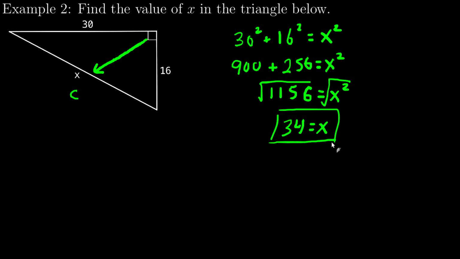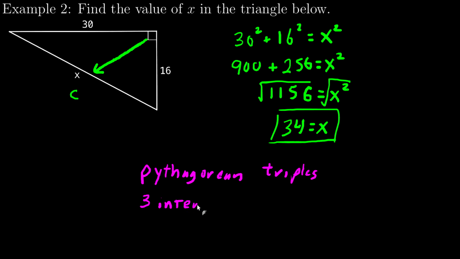Now, before I go into the last example, another thing to address. We're seeing a lot of nice answers here. The reason I'm seeing all these nice answers is, for now, I'm only dealing with what are called Pythagorean triples, which are 3 integers, positive integers, whole numbers, that form the sides of a right triangle.